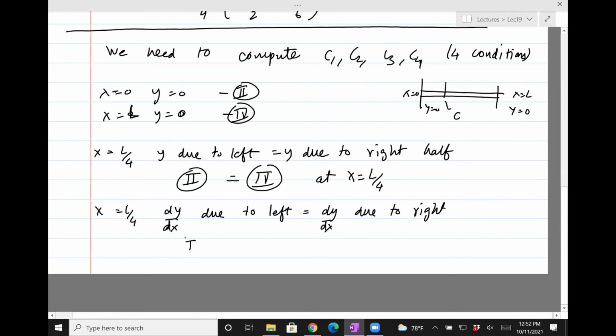So that means 1 should be equal to 2 at x equals L divided by 4. I don't have time to write the expressions, but I'll finish it up and I'll post the notes.